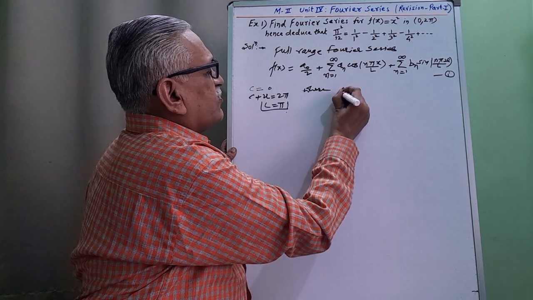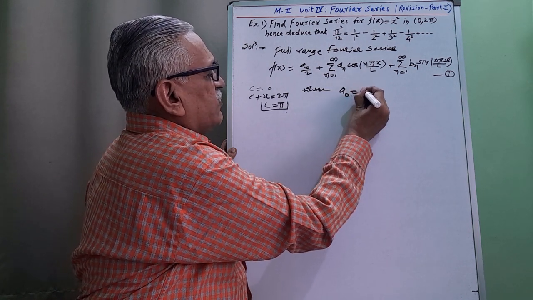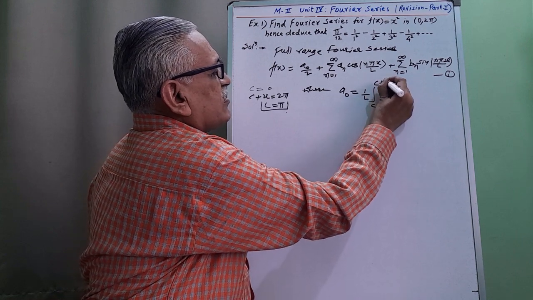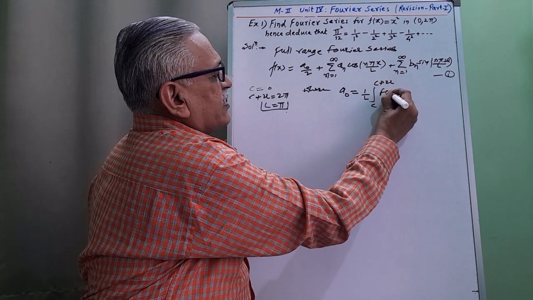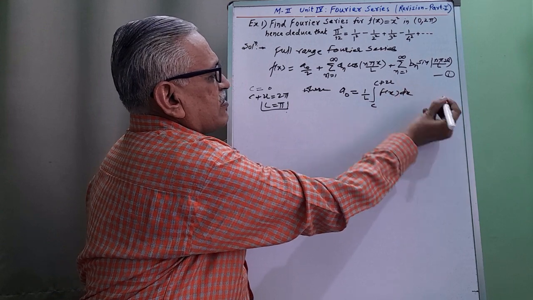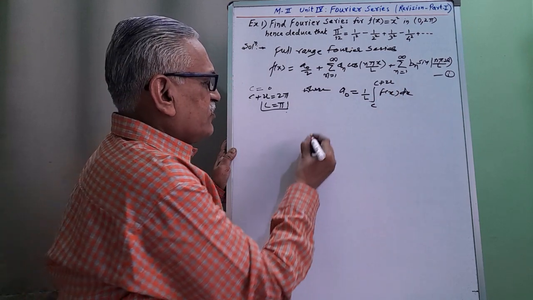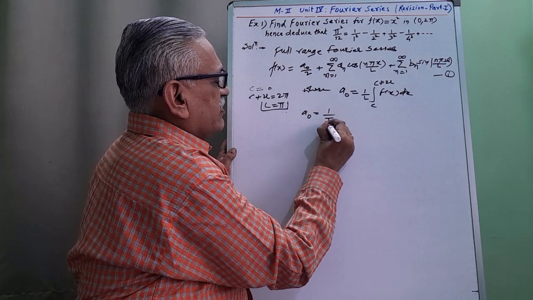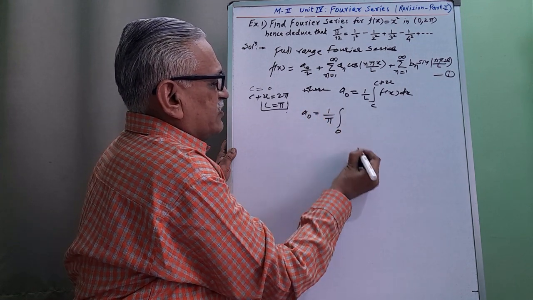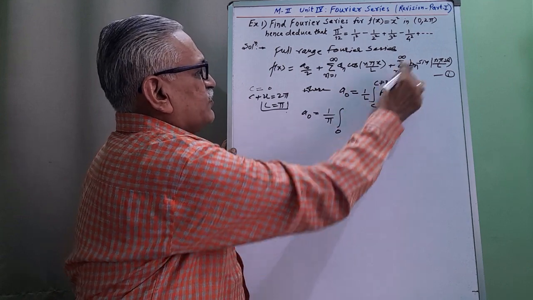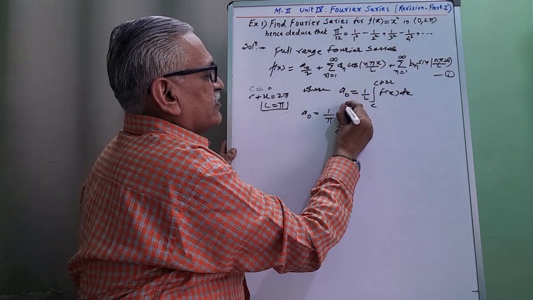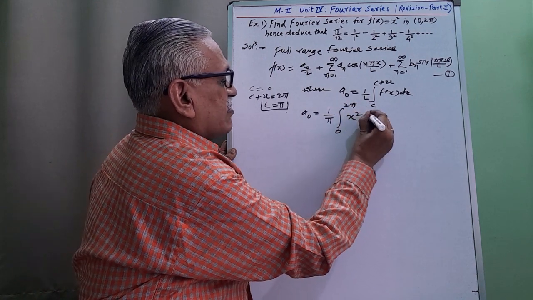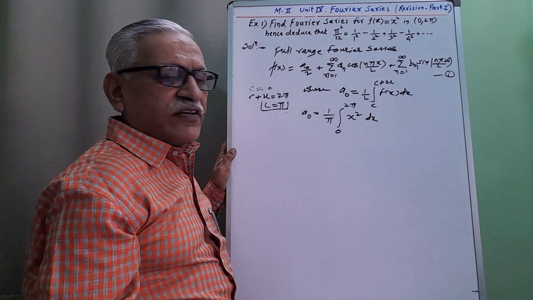Then the value of A0 is given by 1 by L integration from C to C plus 2L f of x dx. Substituting the values, we get A0 is equals to 1 by pi, lower limit is 0, upper limit is C plus 2L, which is 2 pi, and f of x is x square, its integration with respect to x.